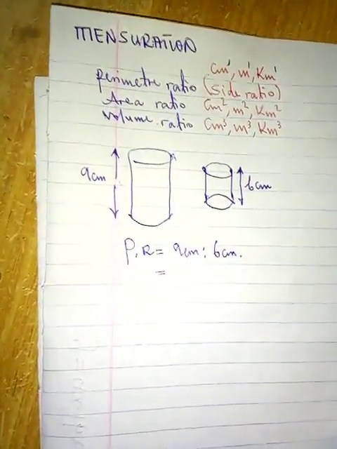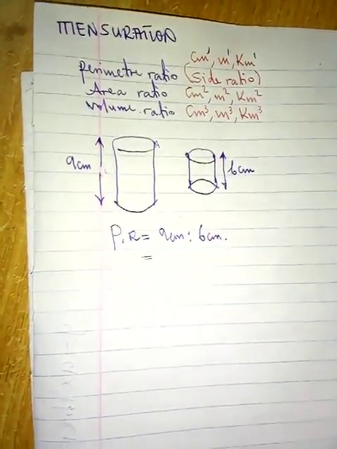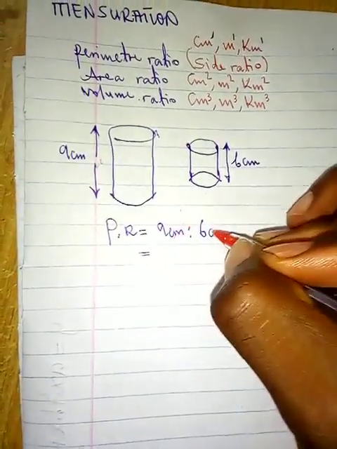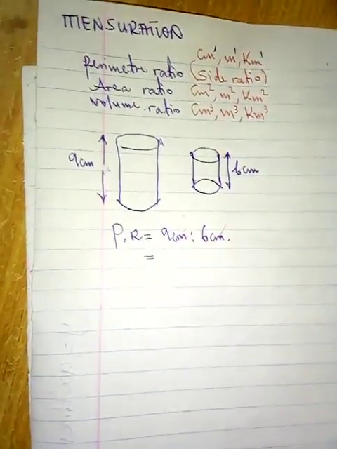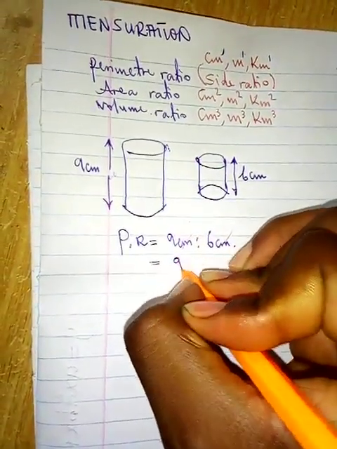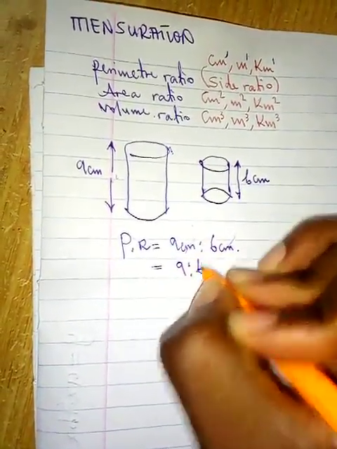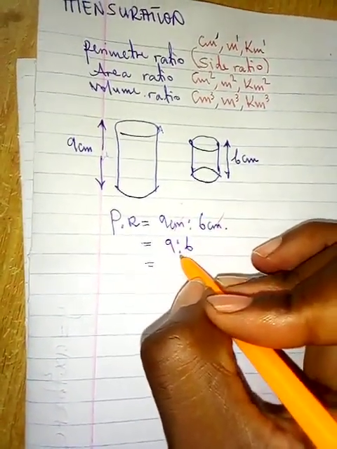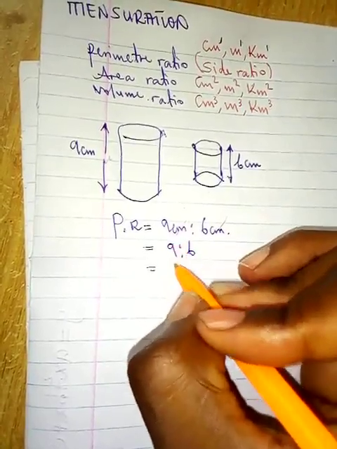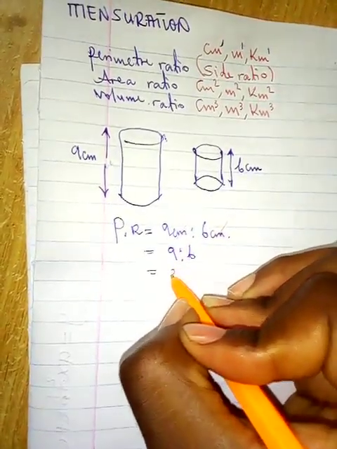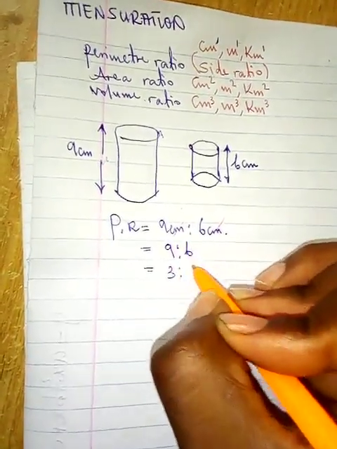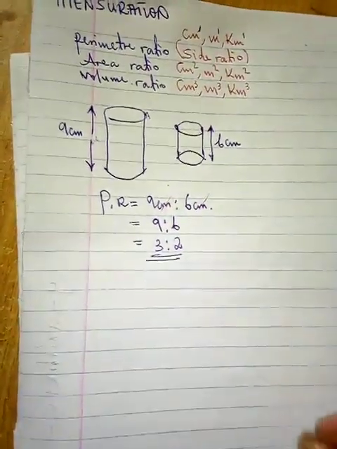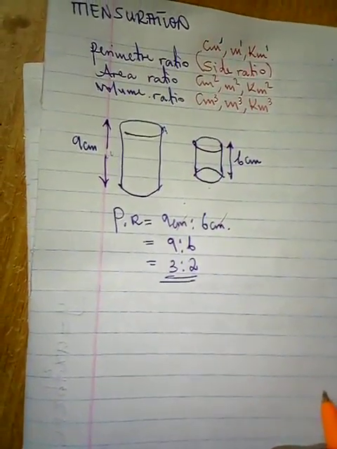The centimeters can easily cancel out each other, so what you're going to have here is 9 to 6. But 9 and 6 are divisible by 3. So 9 divided by 3 is 3, and 6 divided by 3 is 2. And that's it. This is how you determine your perimeter ratio.